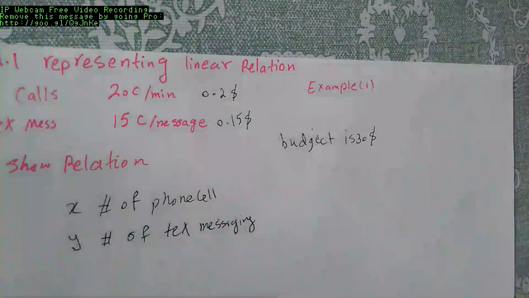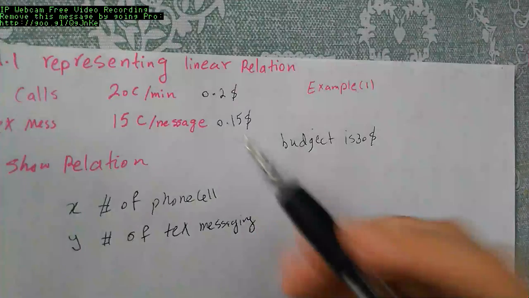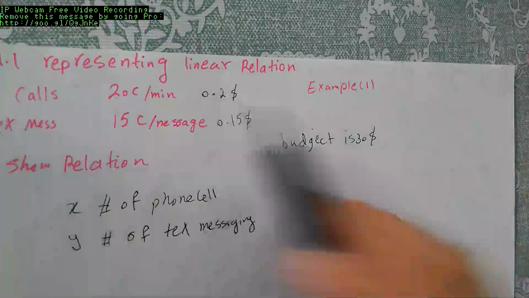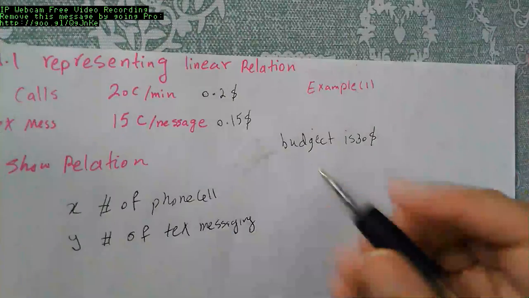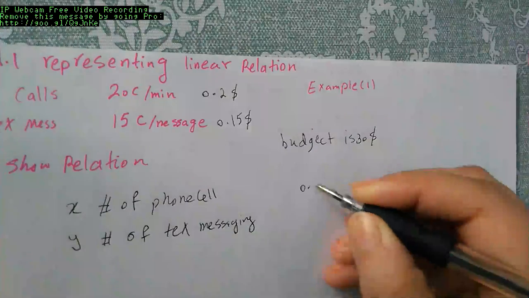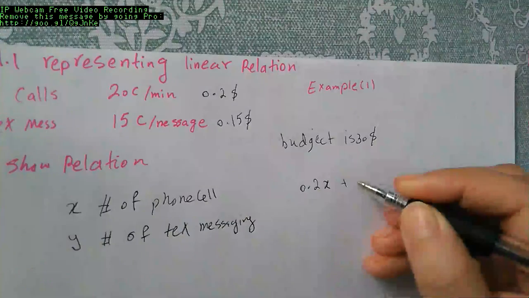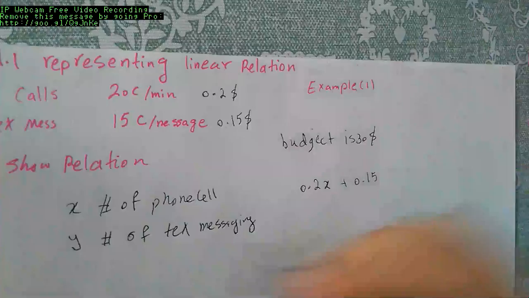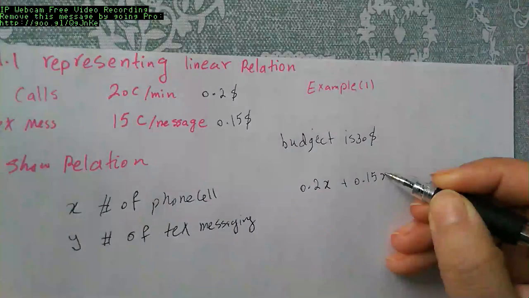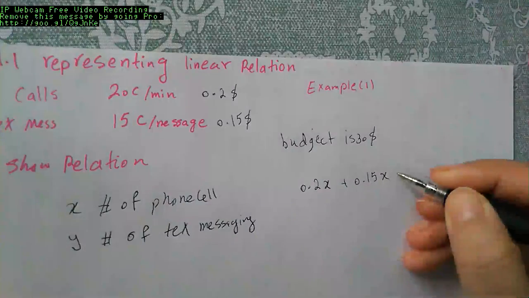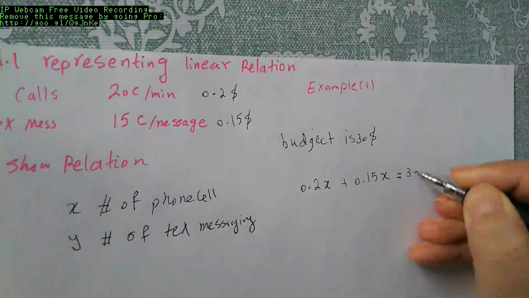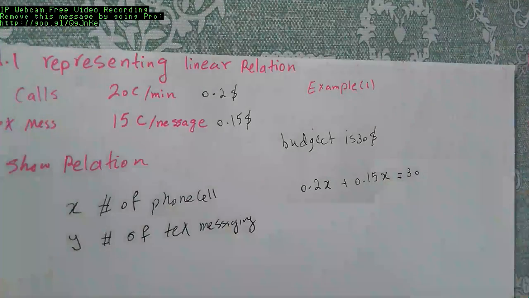If you multiply the number of phone calls by the cost, you will find the cost of the phone calls, right? So it's going to be 0.2x, the cost of phone calls, plus 0.15 multiplied by the number of messages, the cost of the messaging. This should add up to $30 because you don't want this cost to add up to more than $30. So this is the relationship that we have.